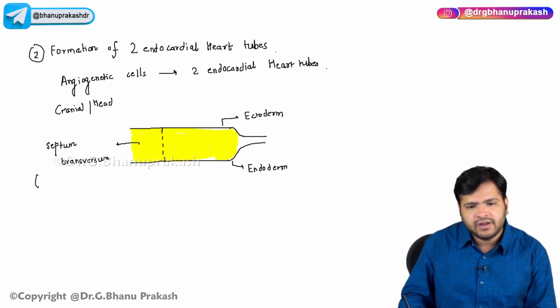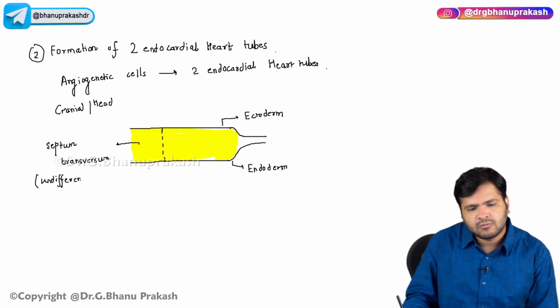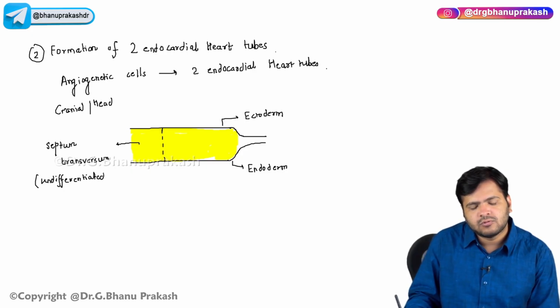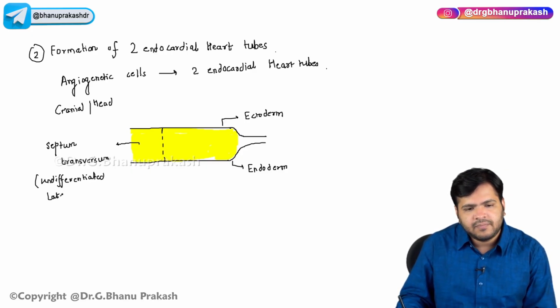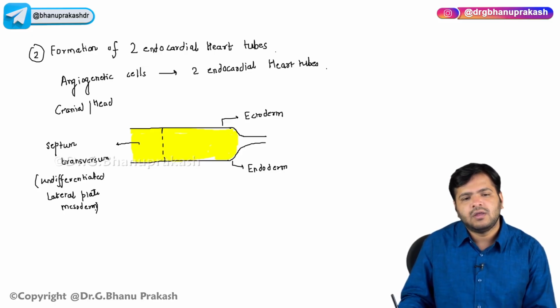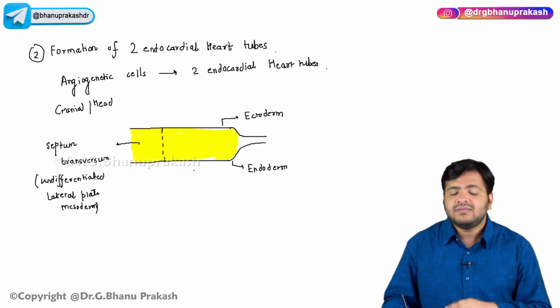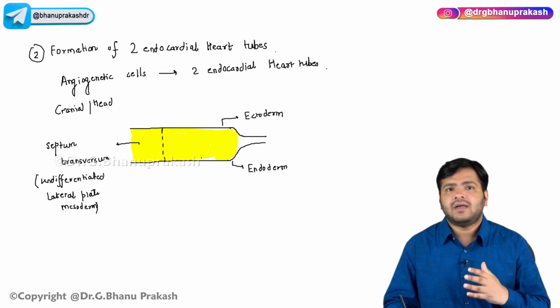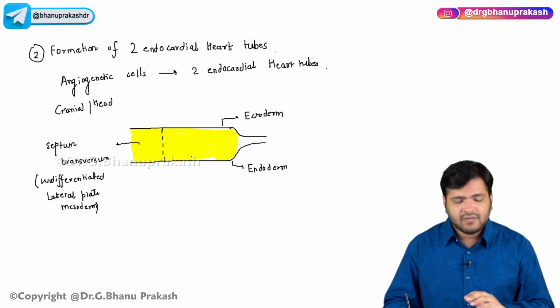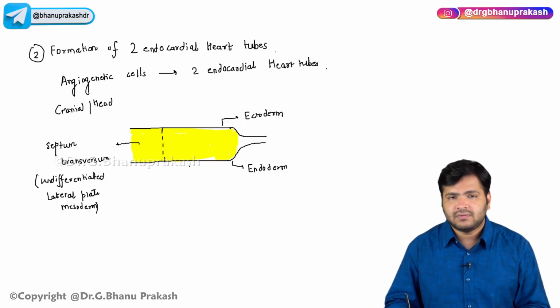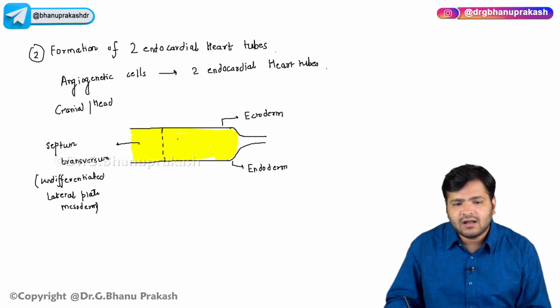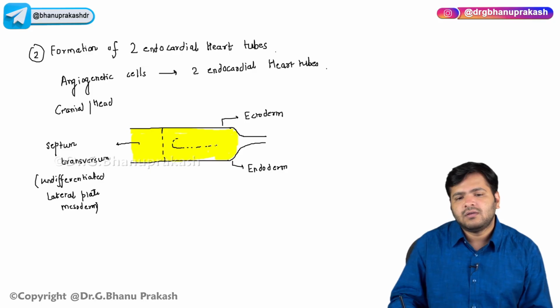And this I have already told you, this is the undifferentiated lateral plate mesoderm. Now this is the outermost part, the ectoderm, and the innermost part, the endoderm. Now there will be a formation of a cavity over here, and this is called the pericardial cavity.